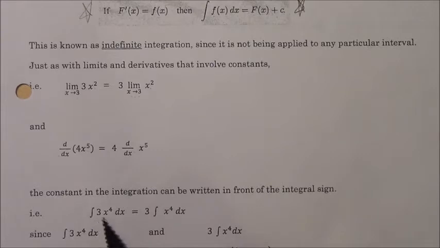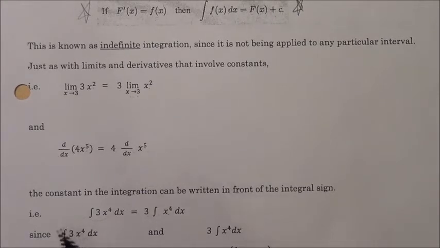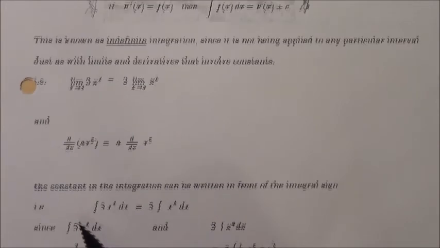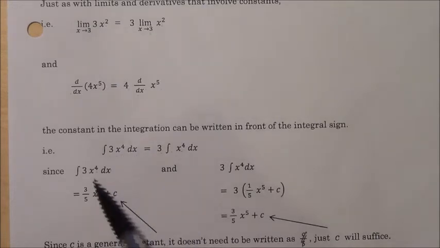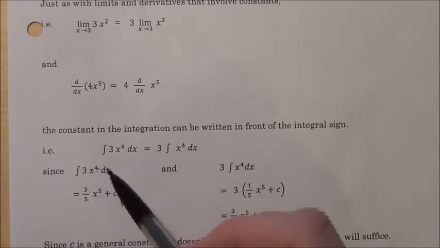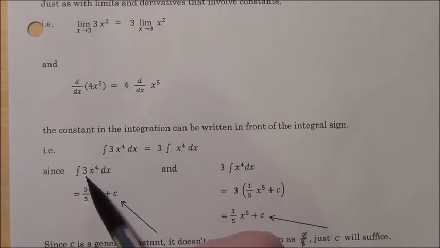So if we've got the integral of 3x to the power 4 with respect to x, we can move the 3 to the front and then just take the integral of x to the power 4 with respect to x. So if we take the integral of 3x to the power 4 dx, it becomes 3 over 5 x to the power 5, because if we increase this exponent by 1 to give 5, which is what we do with integration, we also have to divide by that 5.